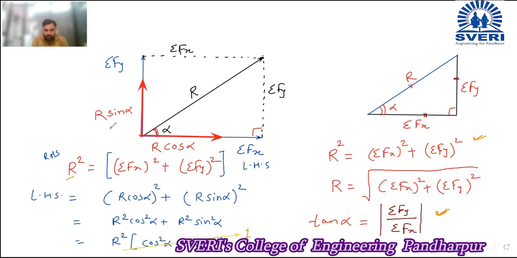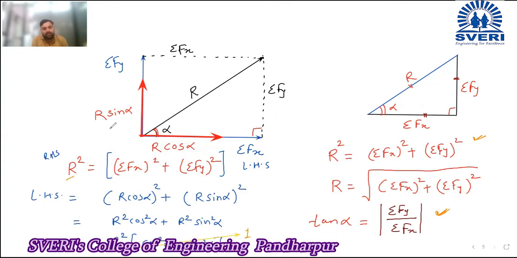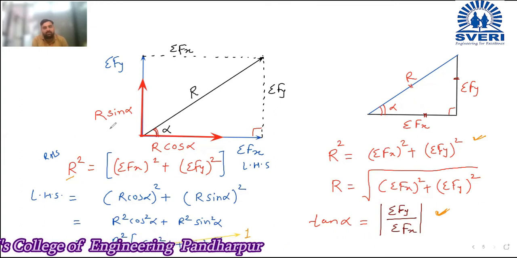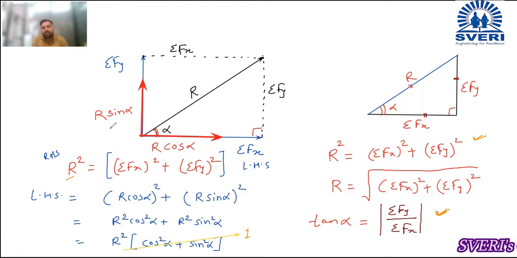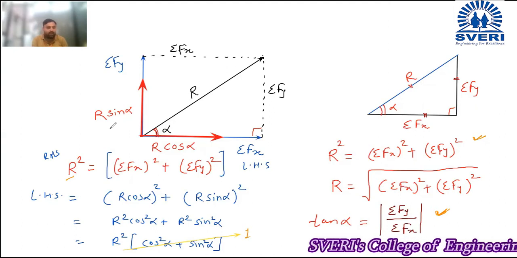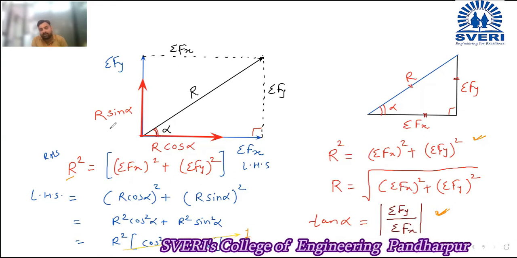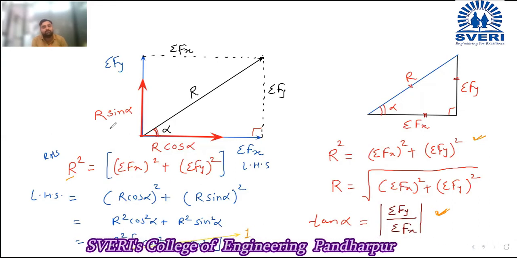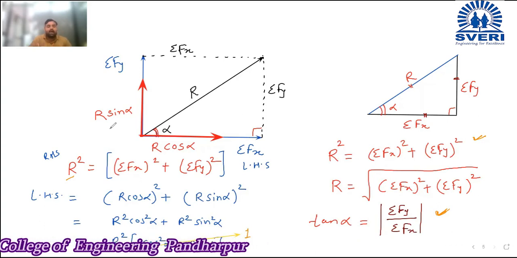Whatever I have told you up to right now, these two formulas, summation fx, summation fy, then resultant, then angle alpha, then r sin alpha, r cos alpha. Then by verifying the equation also I have told you we get the same answer. So anybody who is having any doubt, any difficulty or anything which you want to ask, because this is very important. Your entire section 1 depends upon this formula.